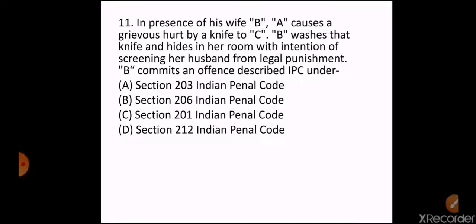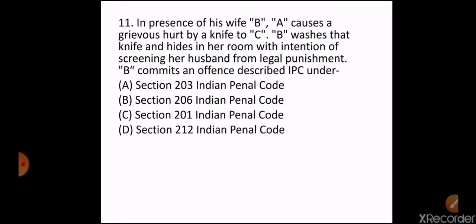The next question is, in presence of his wife B, A causes a grievous hurt by a knife to C. B washes that knife and hides it in her room with the intention of screening her husband from legal punishment. So B commits an offence described under IPC: A, section 203; B, section 206; C, section 201; D, section 212.